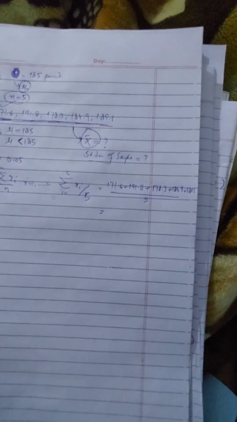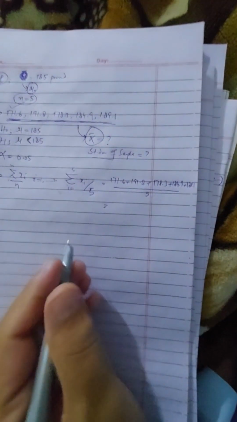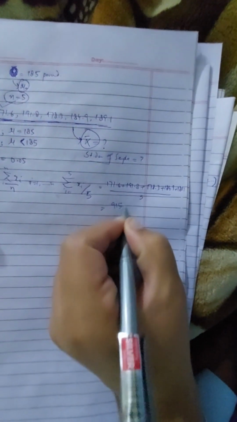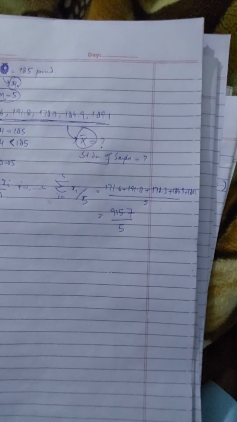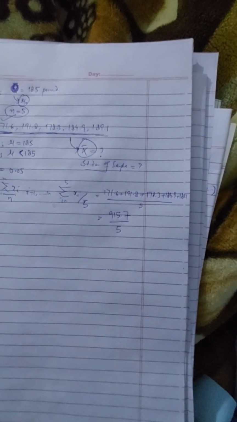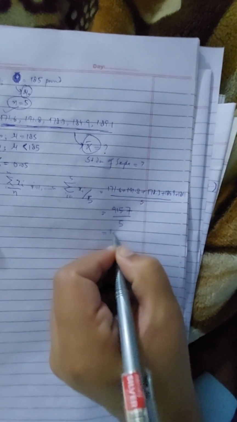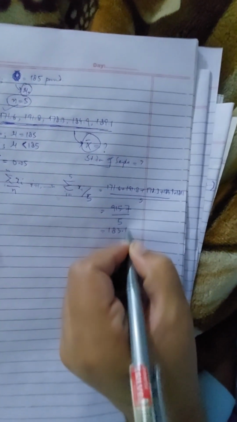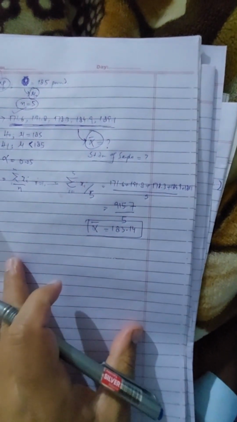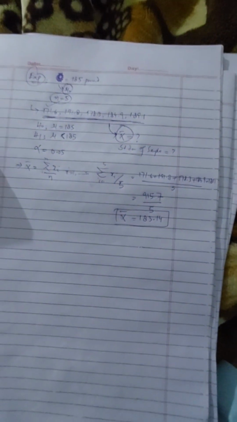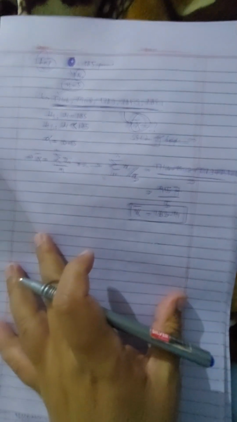This whole addition will give us a value of 915.7, divided by 5. What we get is 183.14. This is the mean value for the sample. Now we want to find the standard deviation.